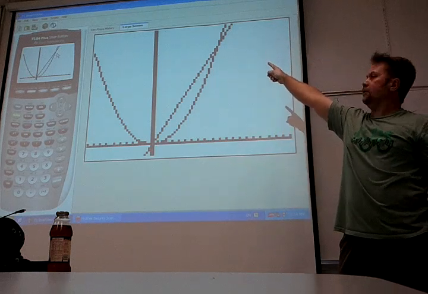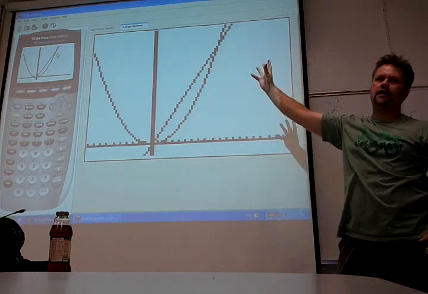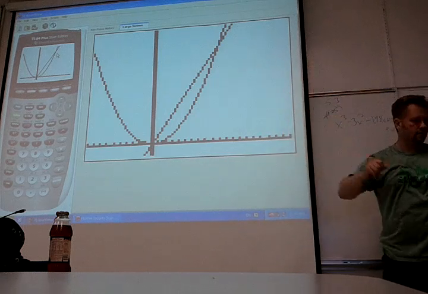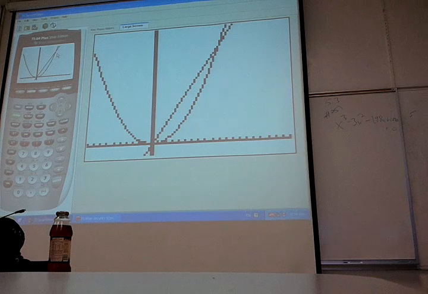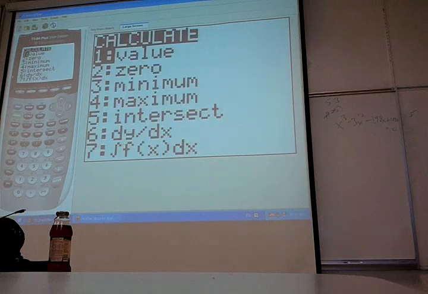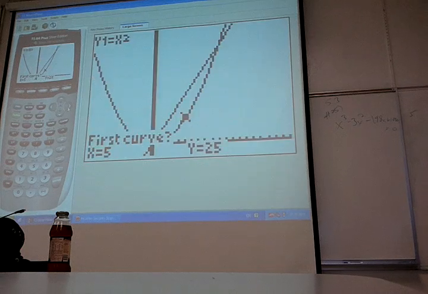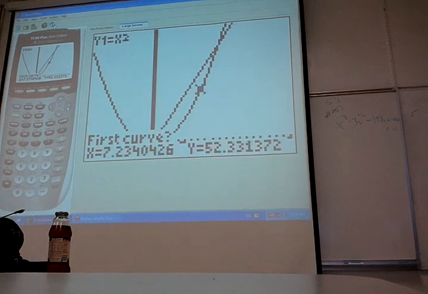Now remind me, how do I find the intersection? The intersection is really nice. Table, Calc. I could do table, but it might not be a nice answer. I made it nice, but I could have made it ugly. Second, go to Trace, second trace to get up to calc. And of course, intersect. Now we went through the whole thing.